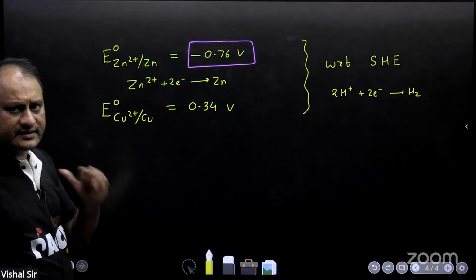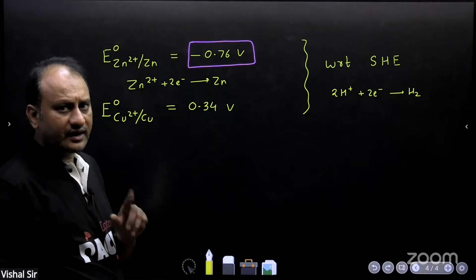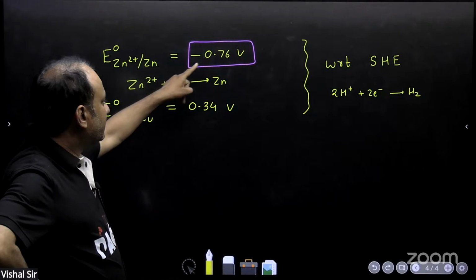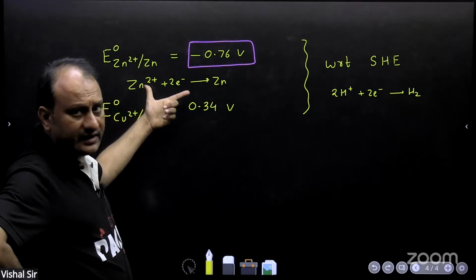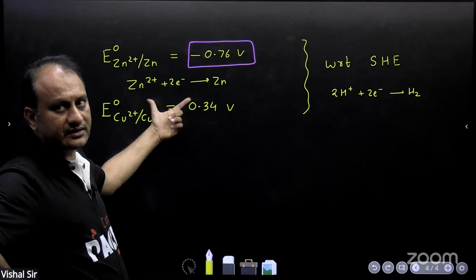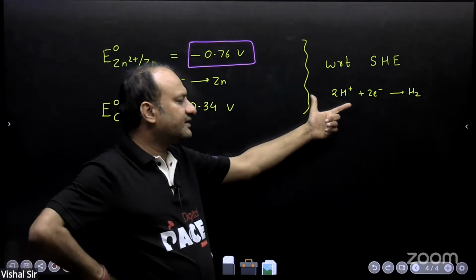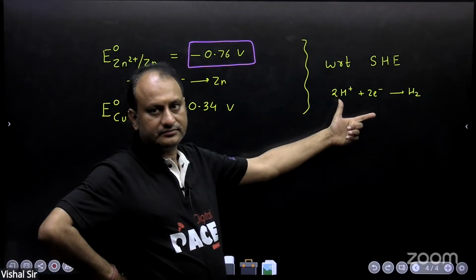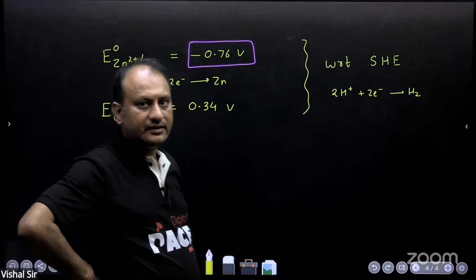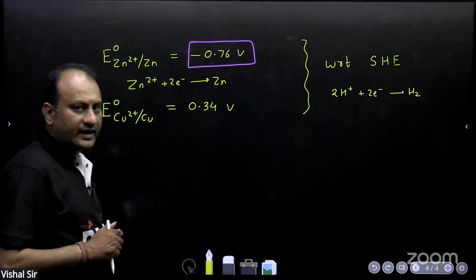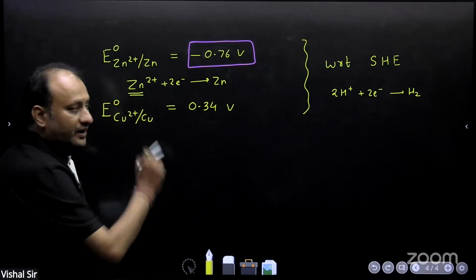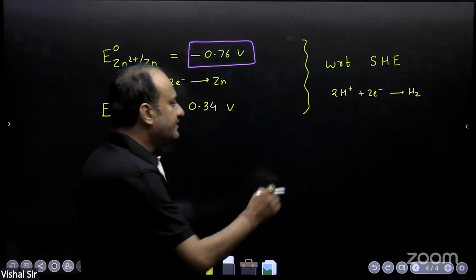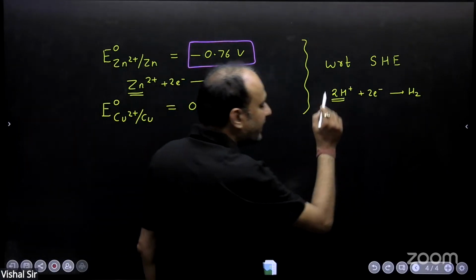So what is this negative value telling me? Understand? This negative value is telling me that the tendency of this reaction is lesser than this reaction. Correct? Or I can say that Zn2+ is more stable than H+.